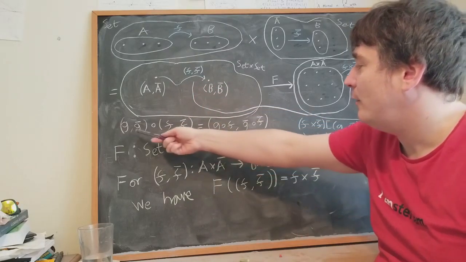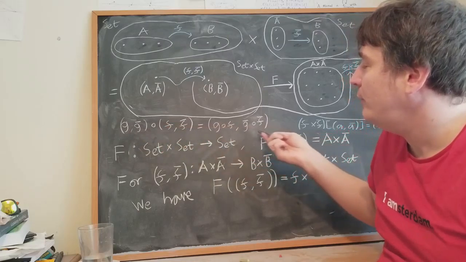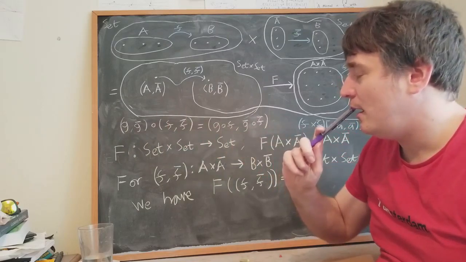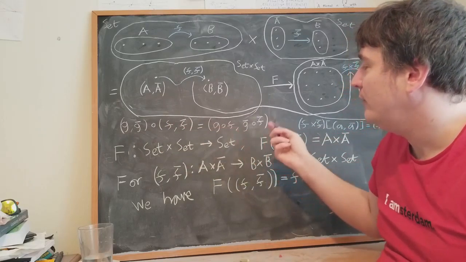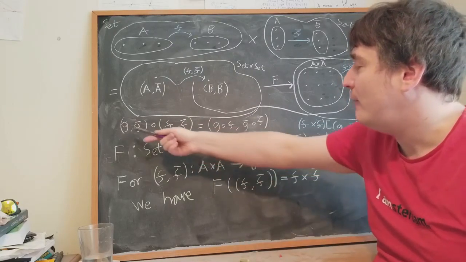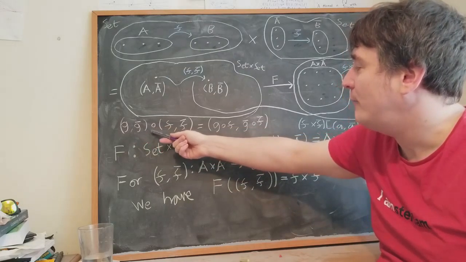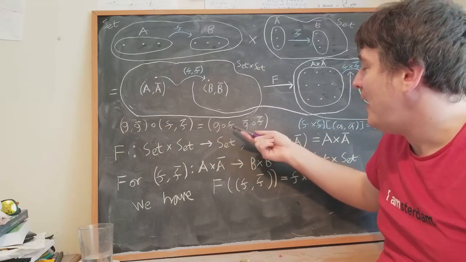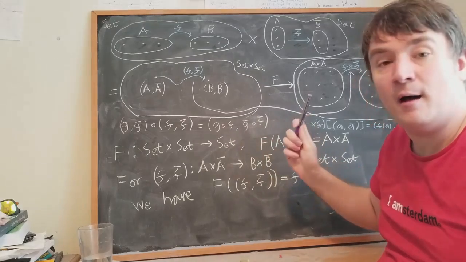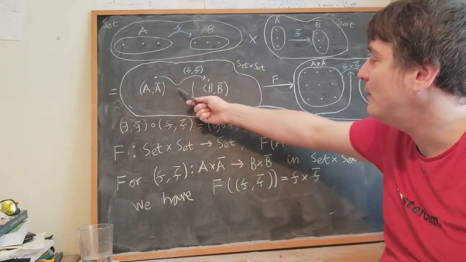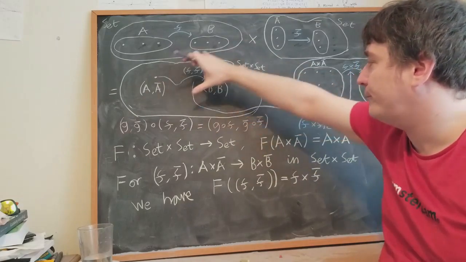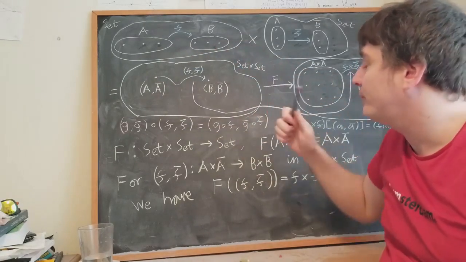But remember the way we compose arrows in this product of categories. We'd have that g comma g bar after f comma f bar is g after f comma g bar after f bar. That's the critical way we compose arrows in this product of categories.